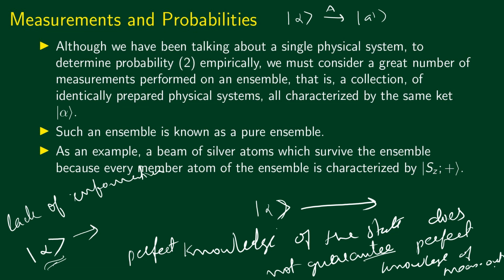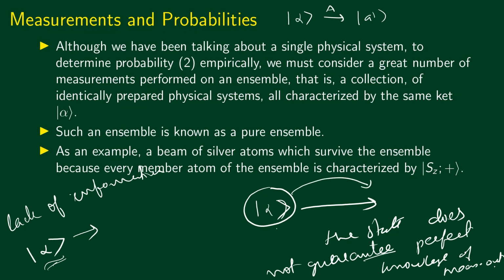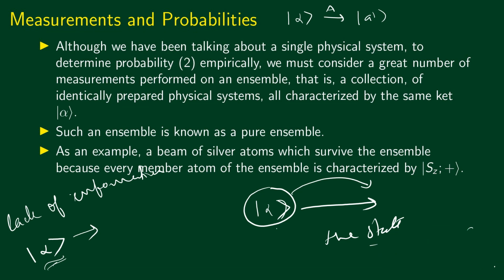Even if you have perfect knowledge of the state, you only know the probabilities for various measurement outcomes. So we see that probability enters quantum mechanics in a very fundamental manner.